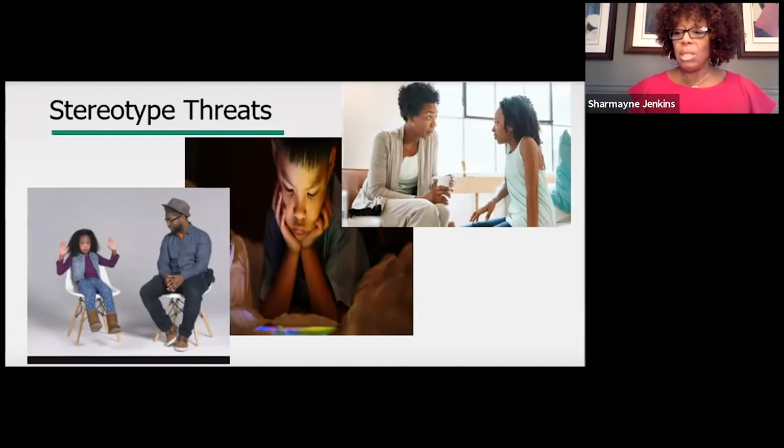And so some students may perform below their potential because of the stress of being under constant evaluation in the classroom. Black students, however, experience that same stress, and they'll have another source of stress in addition to their peers. And it is specific to negatively stereotyped groups.